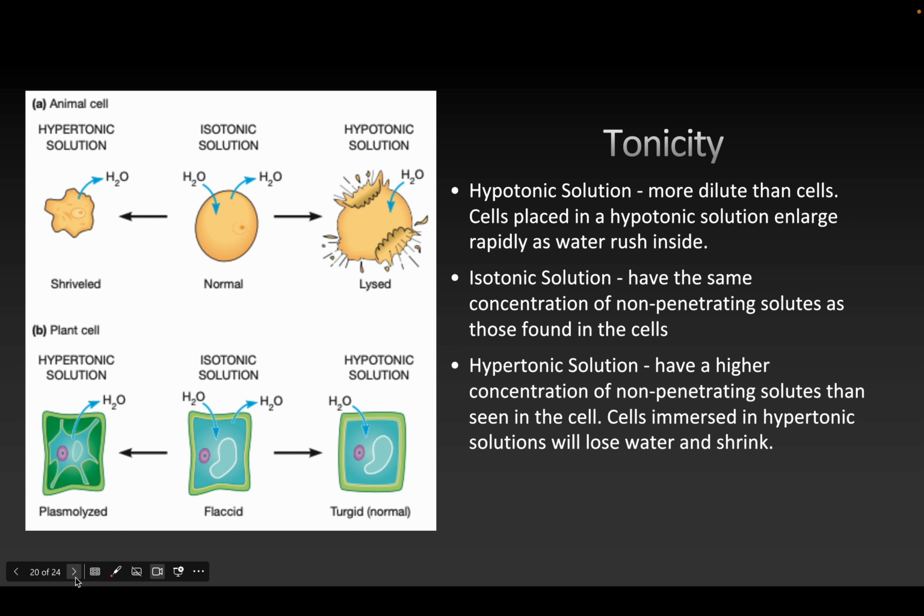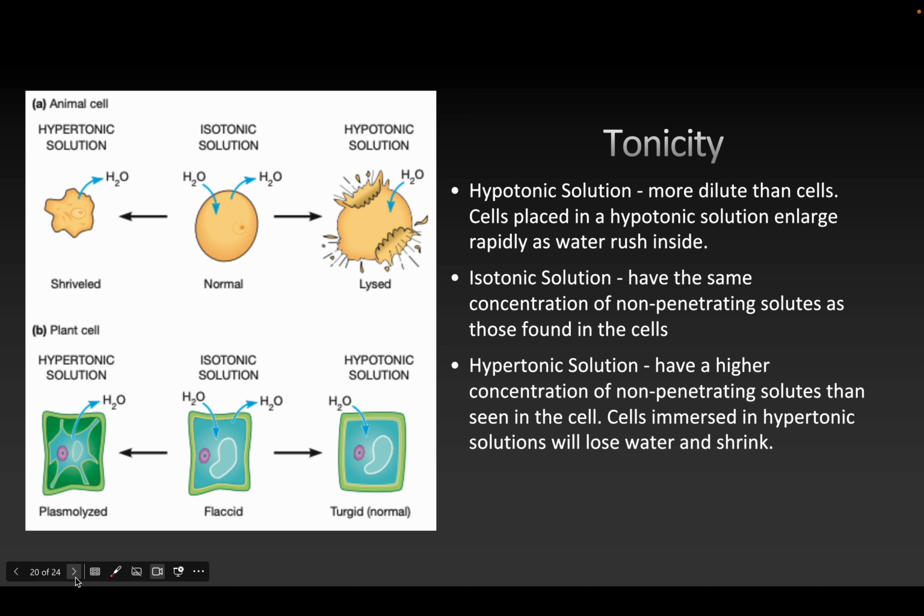The word iso means equal. Then we have hypertonic solutions, which have higher concentrations of non-penetrating solutes than those inside the cell. When cells are immersed in hypertonic solutions, the tendency of water is to go out of the cell, and the cell will lose volume and will shrink.